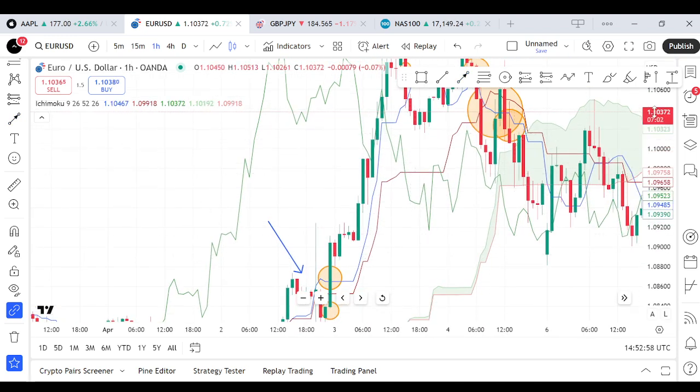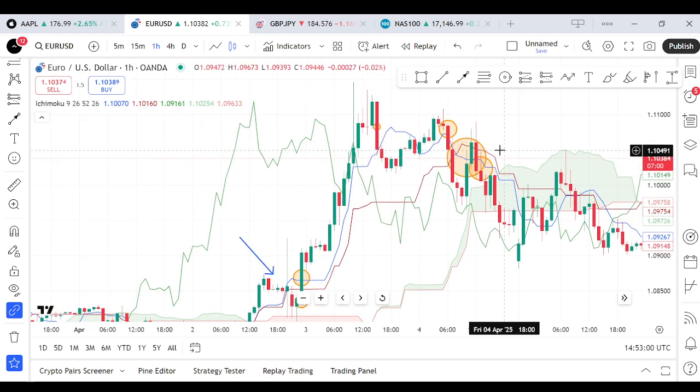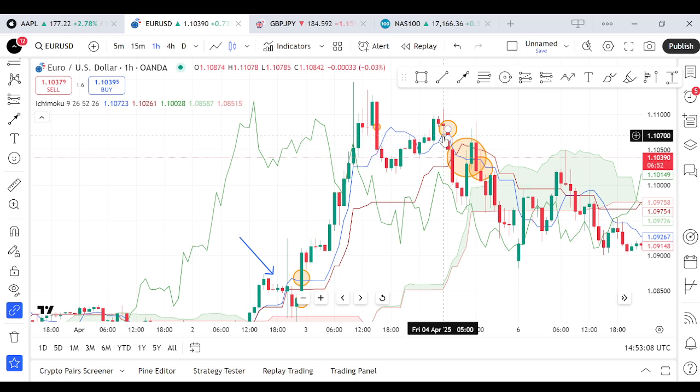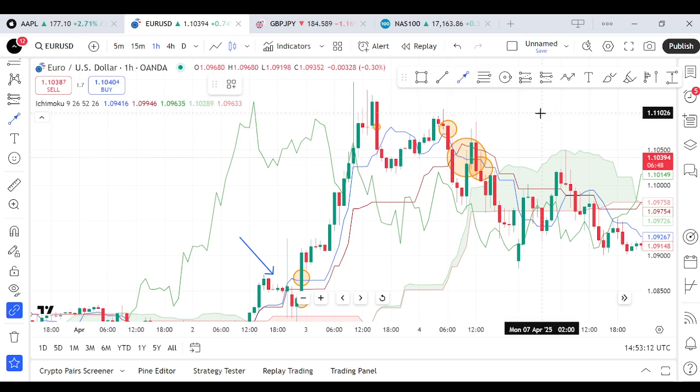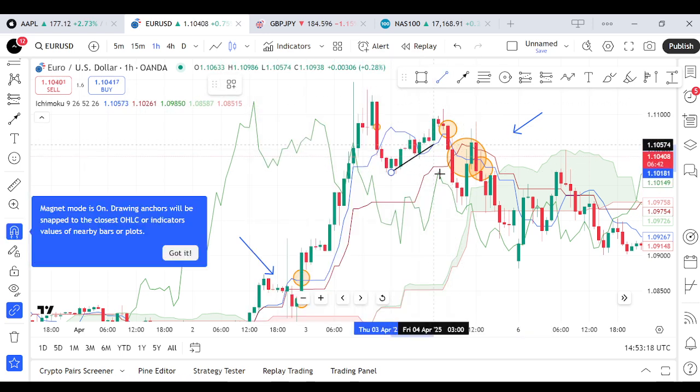Before you take any trade on the lower time frames, ensure that you confirm your trend from the overall time frames. Now these are several bearish confirmations we had on the 5-minute time frame. You can see on the 1 hour we are also bearish with several breaks of structure to the downside.